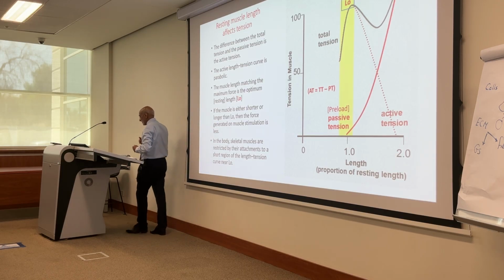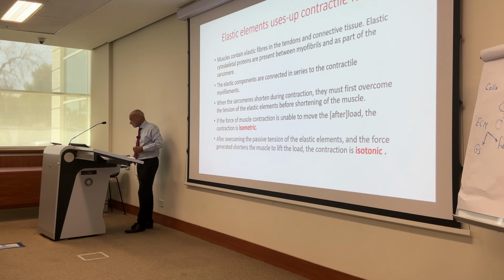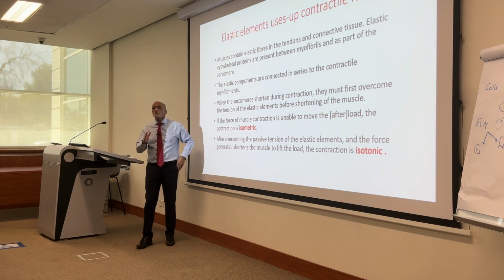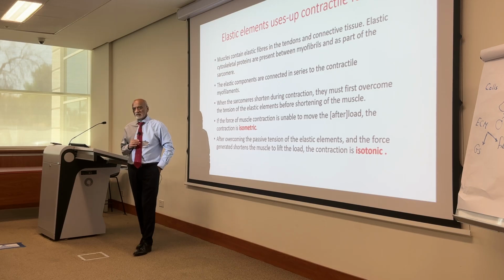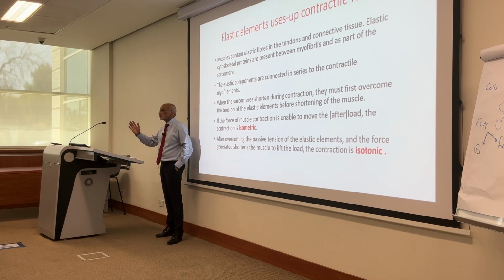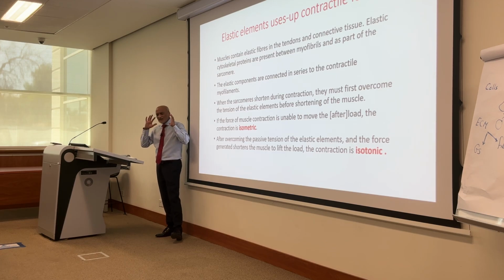And again, if I go on to the next slide now, who gives the muscle its passive tension? It is all of the connective tissue, the cartilage, the connective tissue, and so on, around the muscle cells, inside the muscle cells, in the tendon, and so on and so forth. That's what creates that passive tension.